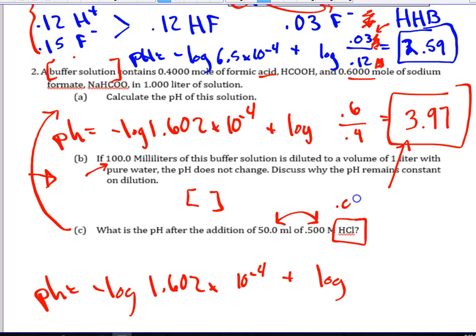So I take 0.05 and multiply it by 0.5. Is that 0.025 or 0.25? Okay, 0.025. And that's the amount that the acid goes up and the base goes down. Are you okay with that? So the base was 0.6, 0.575, and then the acid is 0.425. And there's your new pH.